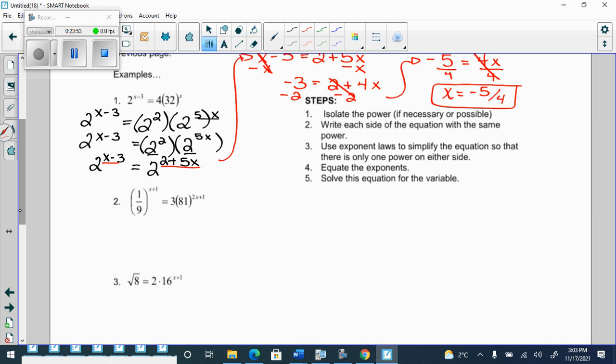Okay? So this one here, I'm going to write as 9 to the negative 1, x plus 1, equals 3 to the 1. I'm going to write it as a 1 so I don't try and put those together. 3 to the 1 times 81 to the 2x plus 1.